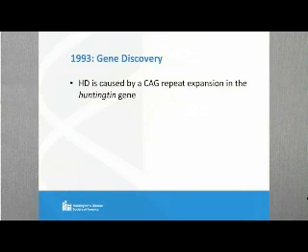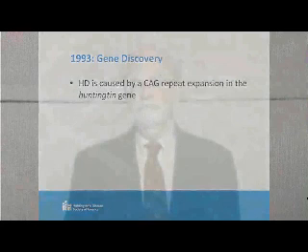And quite surprising, it turned out that it was a disease where the gene contained a DNA repeat expansion, referred to as a CAG repeat expansion. CAG refers to the 3 DNA chemicals in this region, cytosine, adenine, and guanine, that code for an amino acid called glutamine.